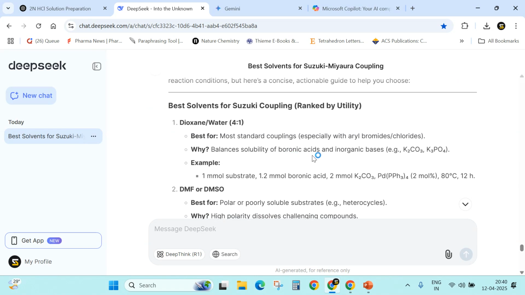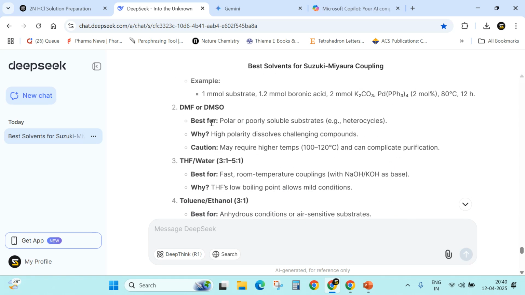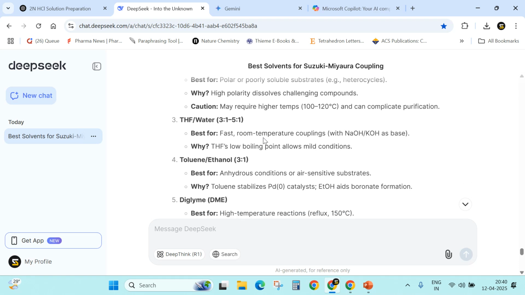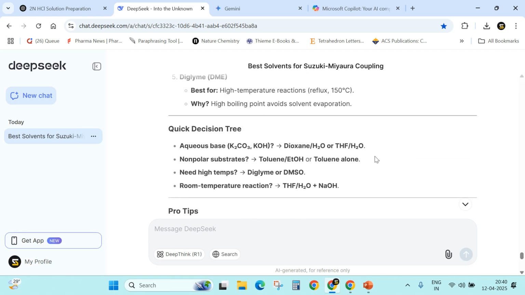It has balanced solubility of boronic acid in organic bases, which gives the advantage. Then DMF or DMSO are high polar solvents, and you can go for more than 120 degrees Celsius. Then THF-water is a low boiling solvent. Toluene-ethanol can be used in anhydrous conditions.